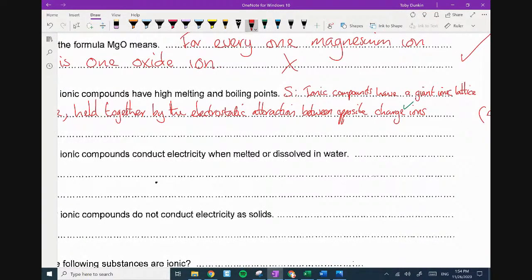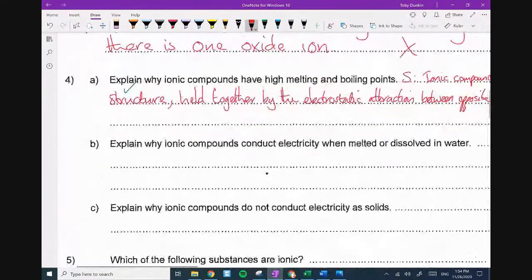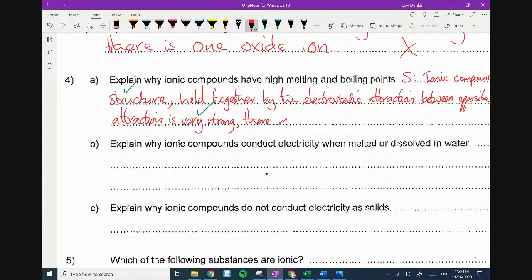Next, this attraction is very strong. Comma, 1 mark. There are millions of attractions. 1 mark.